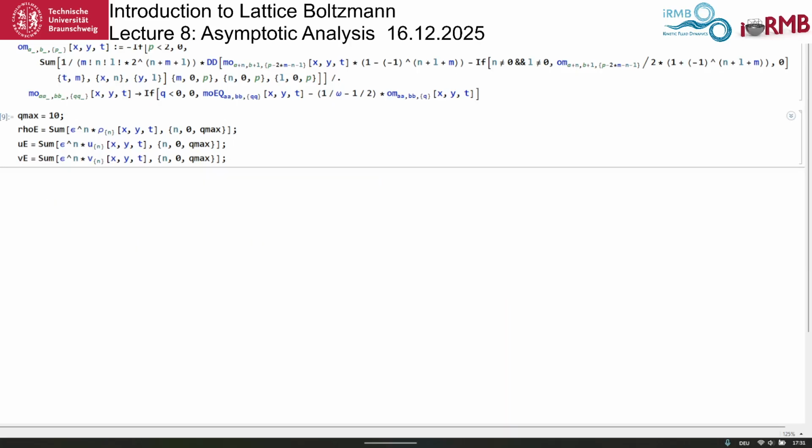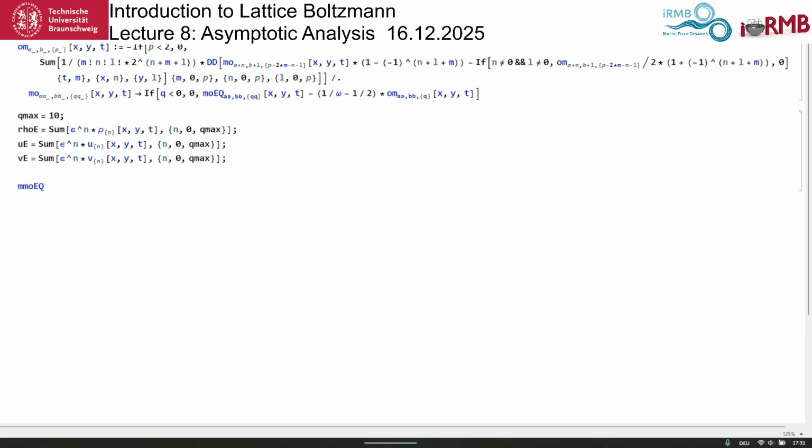So now we need our moments, our equilibrium moments, and so I give them a little bit different names. I put an M in front of them so that I can decide myself when to replace them, right?